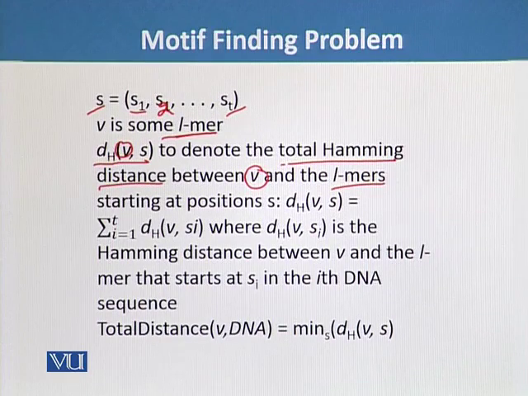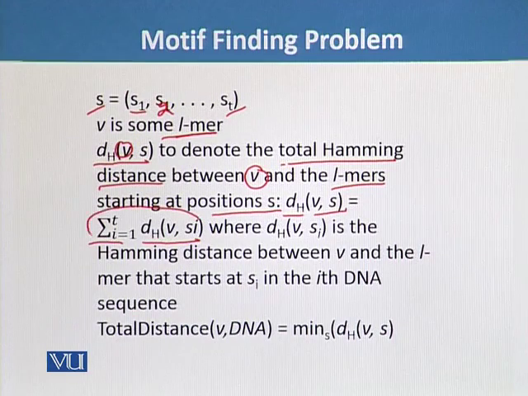So we will represent this after modification. The total Hamming distance of V with starting positions s is denoted by the sum from i equals 1 to t of d_H(V, s_i). So up till now we must know what is meant by this equation. We have solved this equation many times up till now.